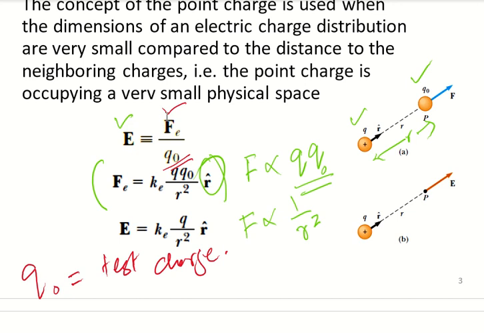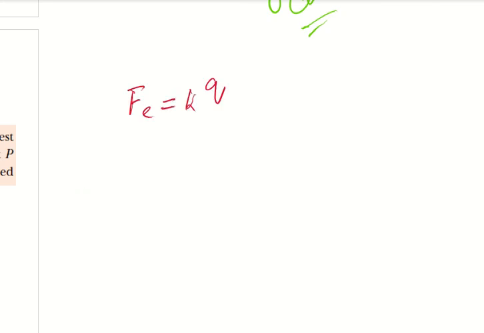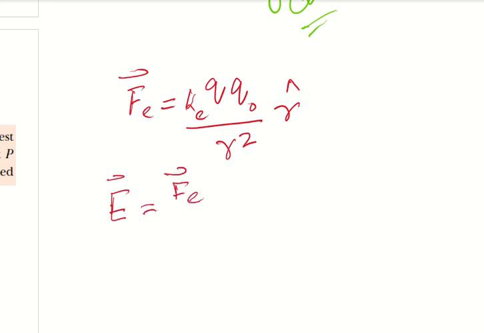If you write it in a proper way, the force on the charge is Fe equals Ke times Q Q naught divided by r squared, times the r unit vector. That is the Coulomb force, a vector force. If you now want to calculate the field due to this force, that would be Fe divided by Q naught.